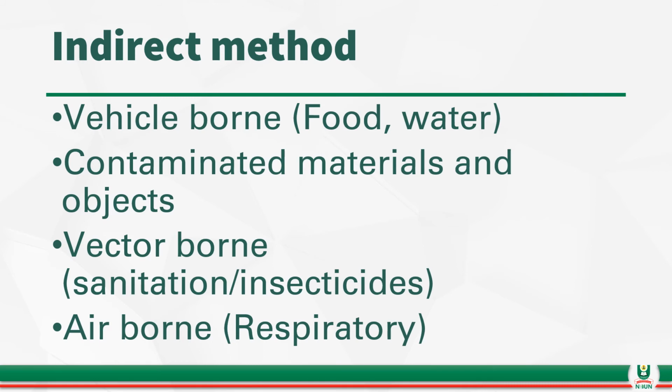Avoid contaminated materials and objects. Vector-borne infections can be prevented through good sanitation and the use of insecticide. Airborne infections, which are transmitted through the respiratory tract, can be avoided by the use of face masks, like in this era of COVID-19.